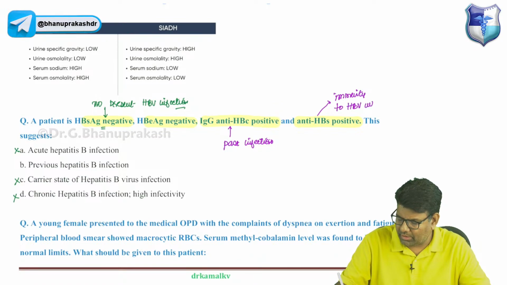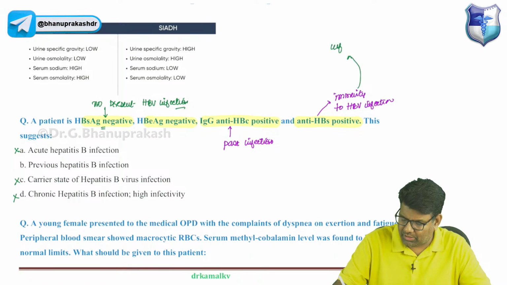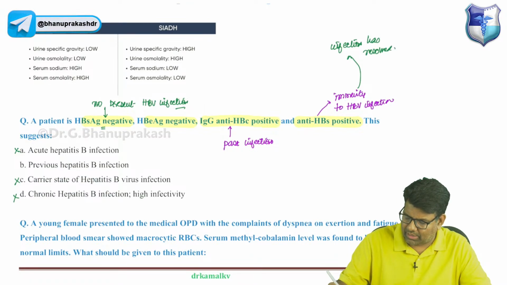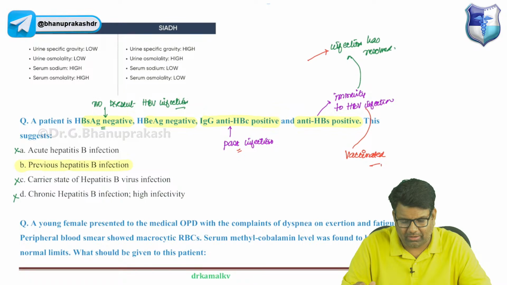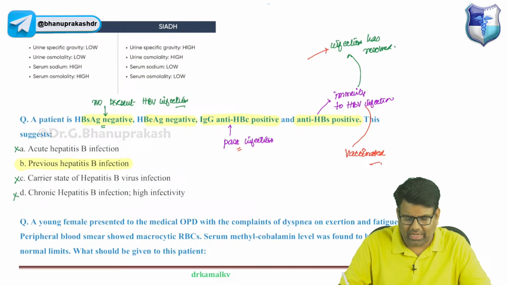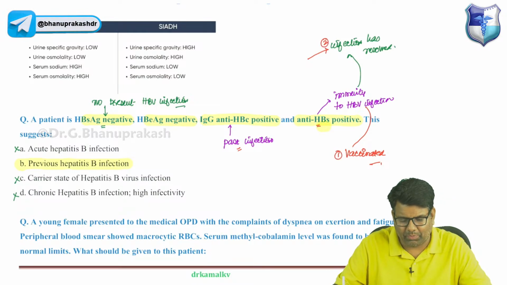Immunity can be gained in two ways: either the infection has resolved, or someone has been vaccinated. Here there is past infection, so we presume that the person has recovered from a previous hepatitis B. Clear? If there is anti-HBs positivity, there are only two possibilities: either the person is vaccinated or he had a previous infection from which he has recovered.